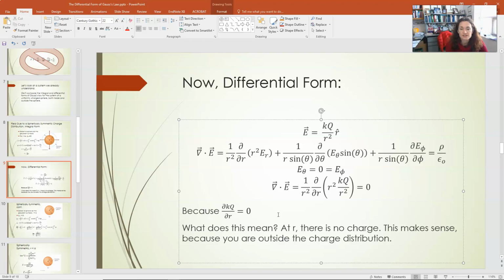So what this is telling us is that at that point r, which is radially away from the origin by the distance r, right, there's no charge. There's no charge there, right? That's all that's telling us. It can tell you what the charge distribution is at a point based on the field equation. That's what the differential form of Gauss's law does for you. This makes sense because we're outside of the charge distribution because r is greater than a, so there isn't any charge there. Okay?